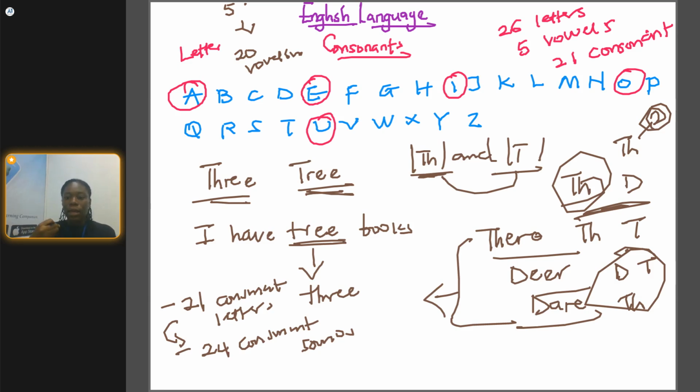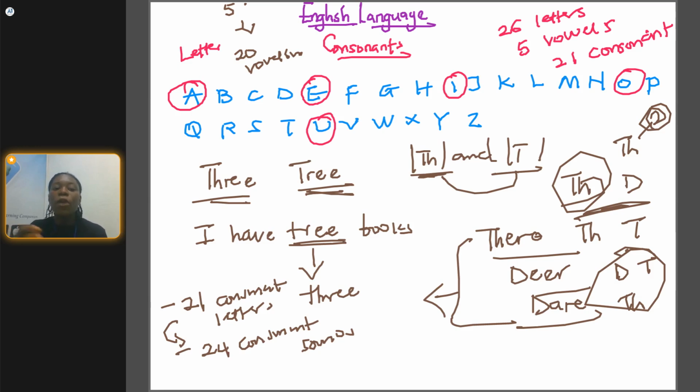Okay, and this is where you have sounds like b. If you pronounce the sound b, you will discover that your vocal cord vibrates. Sounds like d, you will discover that your vocal cords vibrate. Sounds like g, you will discover that your vocal cords vibrate.